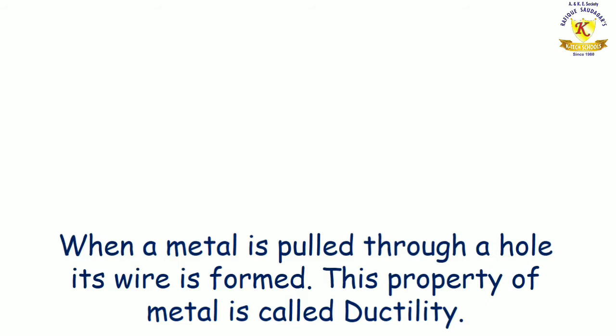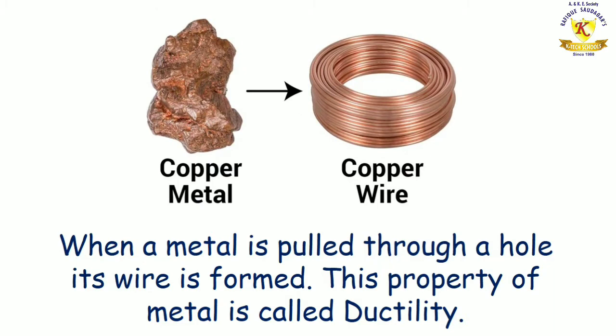Let's see an example to understand it better. Now here we have a copper metal. When this copper metal is pulled through a hole, its wire is formed, a copper wire. So this property of metal is called ductility.